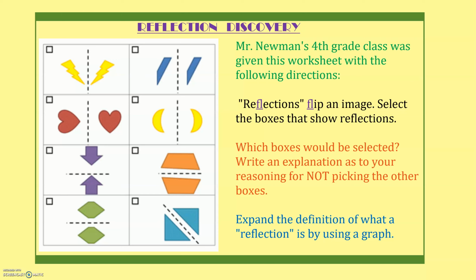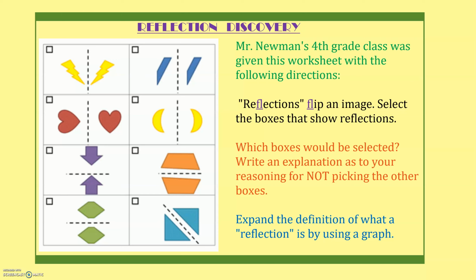The dark blue polygons in the upper right-hand corner are the exact same shape and just translated over that line. So that is not a reflection. The hearts have more of a rotation. It is rotated over that line, but it certainly isn't reflected. The yellow moons definitely have flipped over the vertical line, and so that is a reflection.